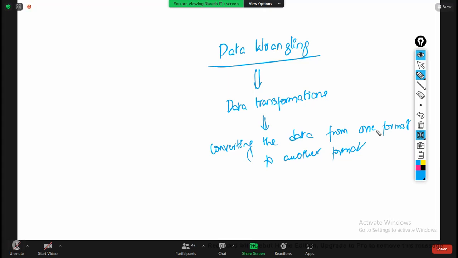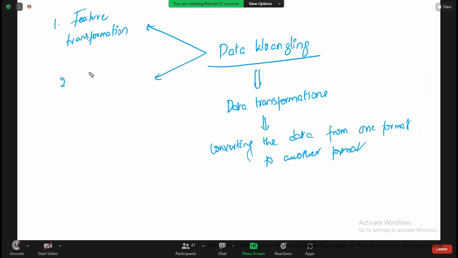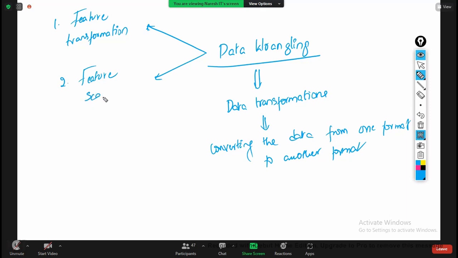What are the different data wrangling techniques we have? The first one is called feature transformation. The second technique is feature scaling. The third one is encoding.